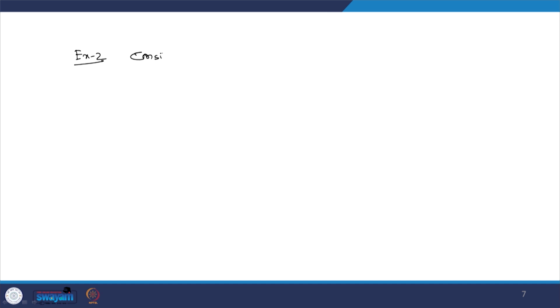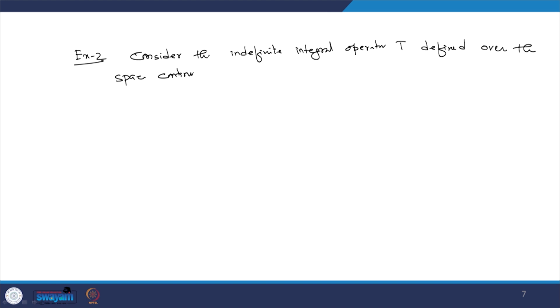Let me consider some more problems. Consider the indefinite integral operator T defined over the space of continuous functions in the closed interval 0 1.